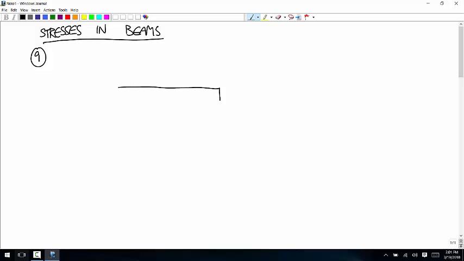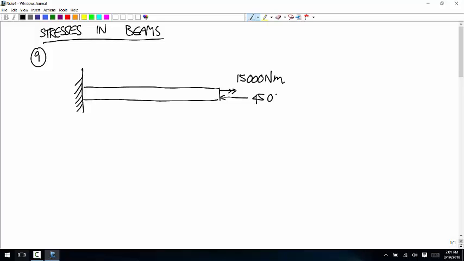Well, you just have this body, a cantilever beam connected at the left. You have a torque of 15,000 Newton meters and a horizontal force to the left of 45,000 newtons. This is a solid circular cross section.